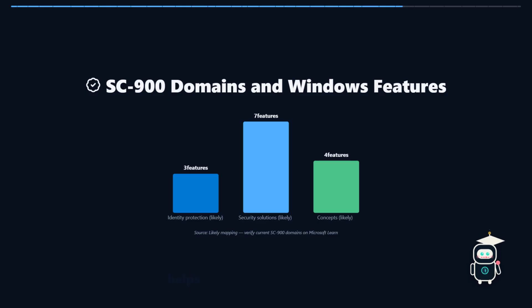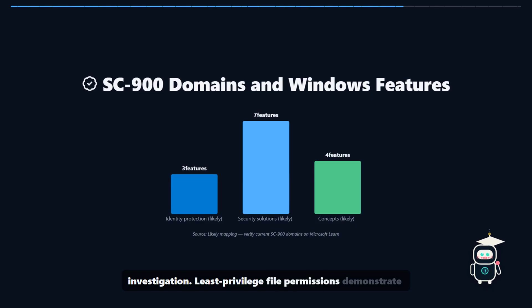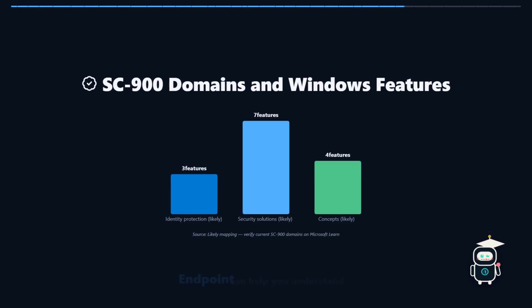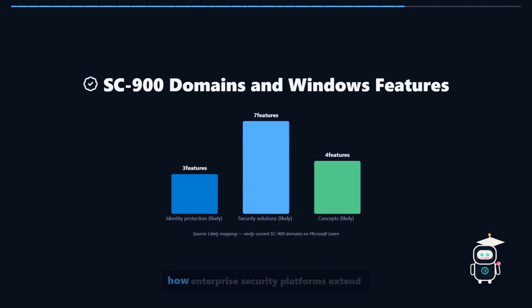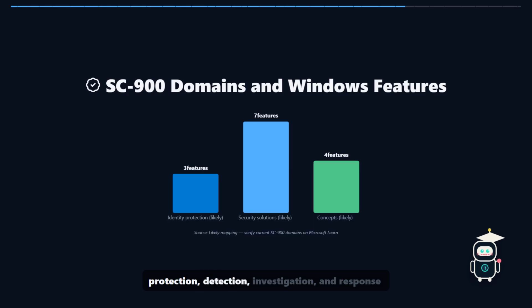Event Viewer helps introduce security monitoring and investigation. Least privilege file permissions demonstrate authorization. And Microsoft Defender for Endpoint can help you understand how enterprise security platforms extend protection, detection, investigation, and response across many devices.